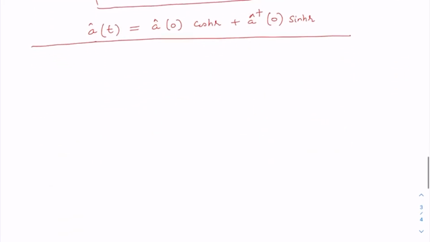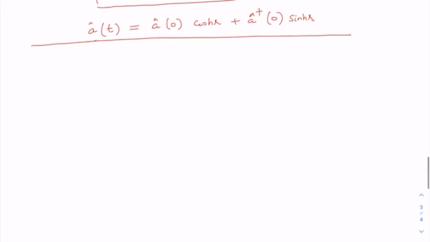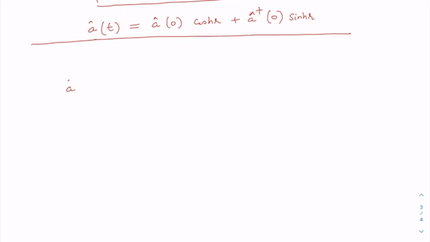In lecture 32, if you recall, we wrote down the annihilation operators A and B in terms of their quadratures as follows.